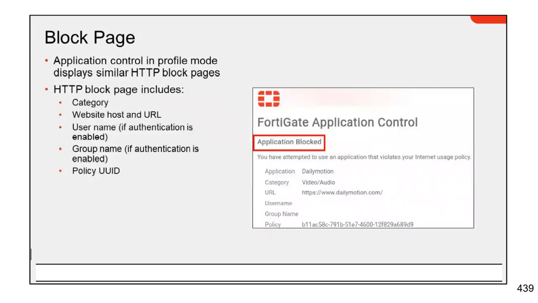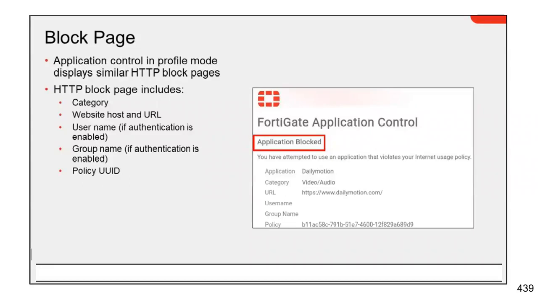The block page. This is how your block page looks if any website or anything gets blocked because of the application control. For HTTP based applications, your application control can provide feedback to the user about why their application was blocked.